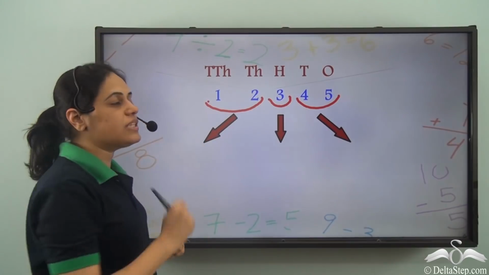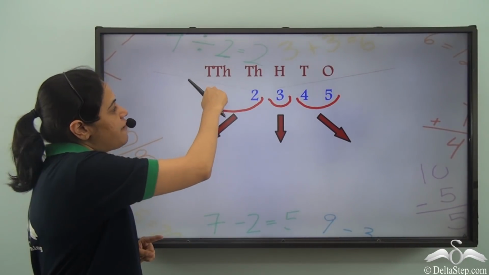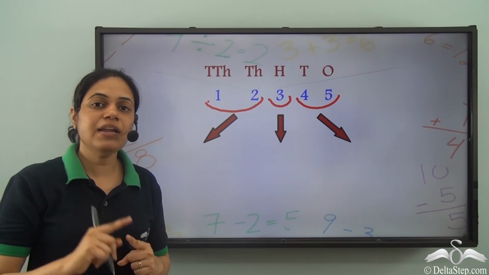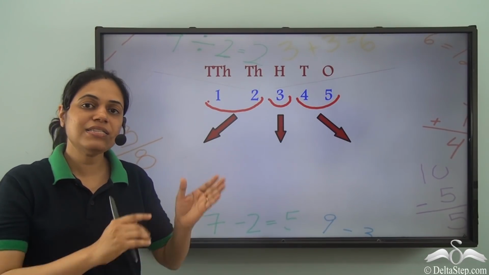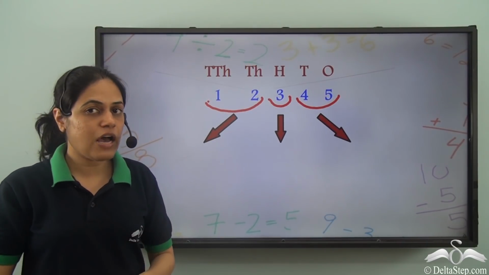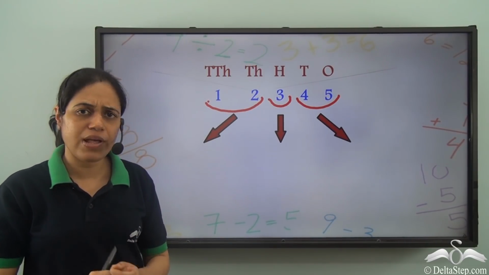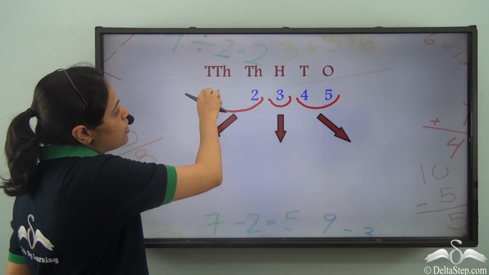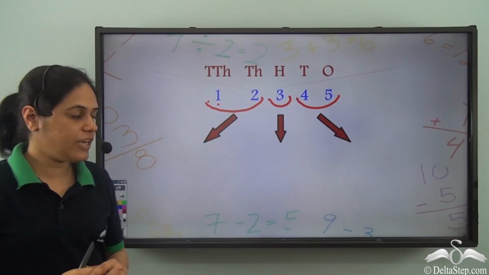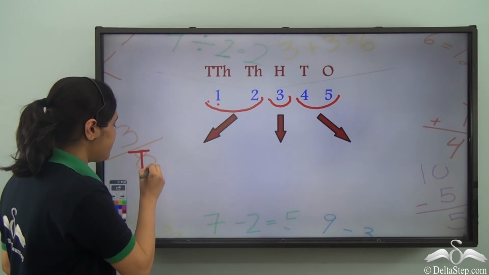Now this 2 is in the thousands place and 1 is in the 10,000s place. So I have 10,000 plus 2,000, which is 12,000. So this is 1 and 2 taken together, that is 12.